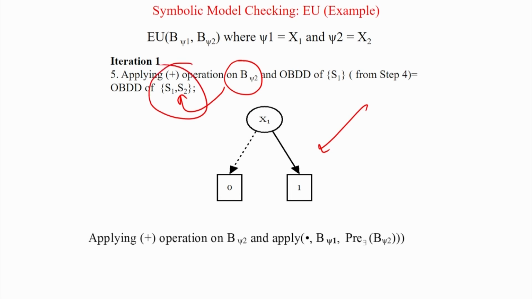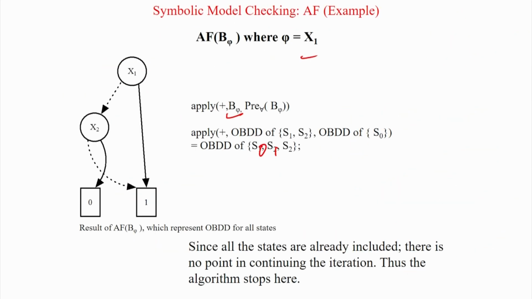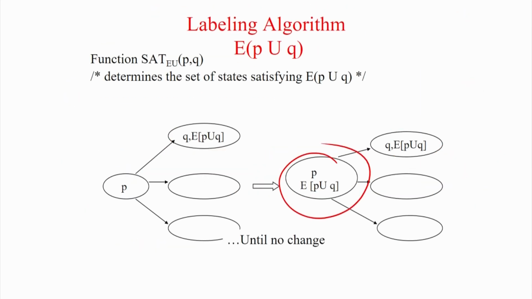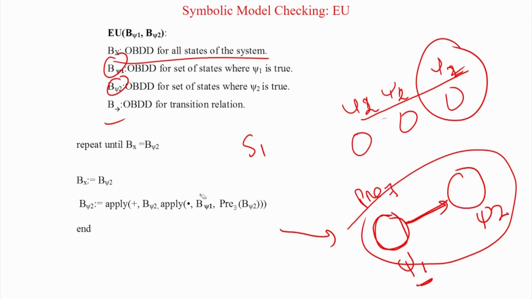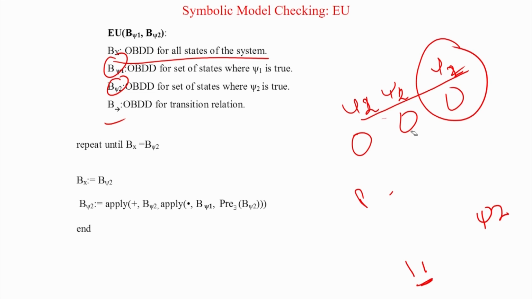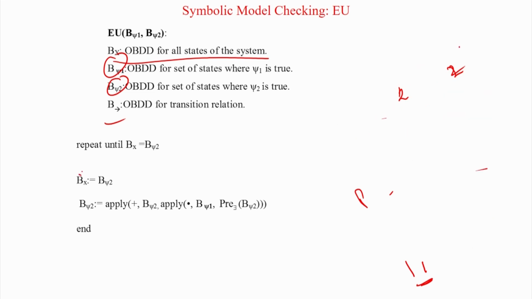Now, there is a story. Intuitively we have seen that S1 and S2 suffice, but algorithmically no, because algorithmically you have to stop only when there is no change, when there is a fixed point or all the states have been taken into account. Initially, B of psi is all the states of the system.